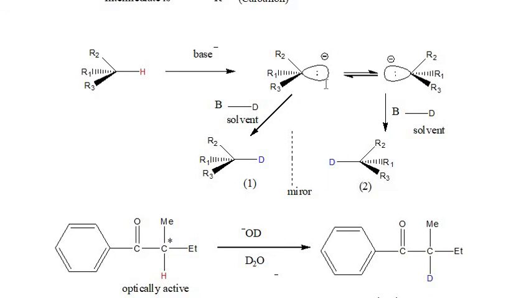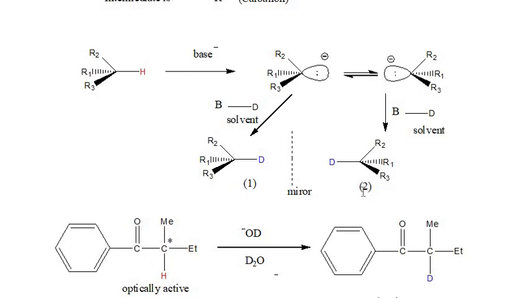This carbanion flips into the other carbanion, or it converts to the other carbanion. When these carbanions take deuterium from the solvent, they may form structure 1 and structure 2 respectively.